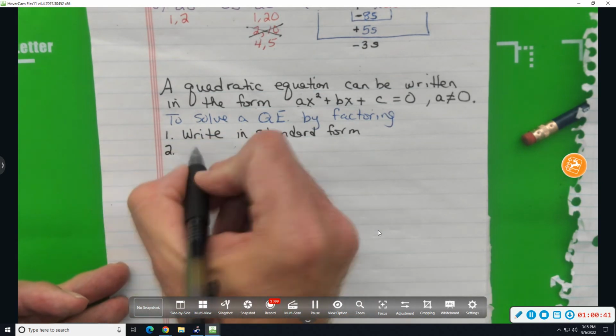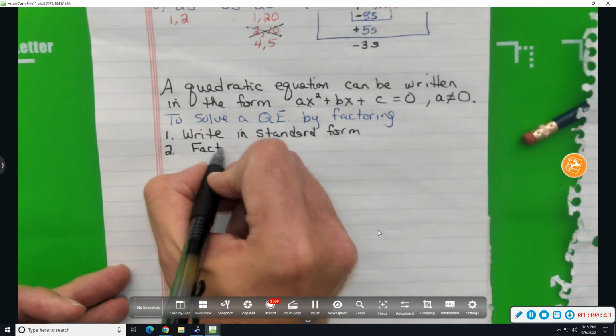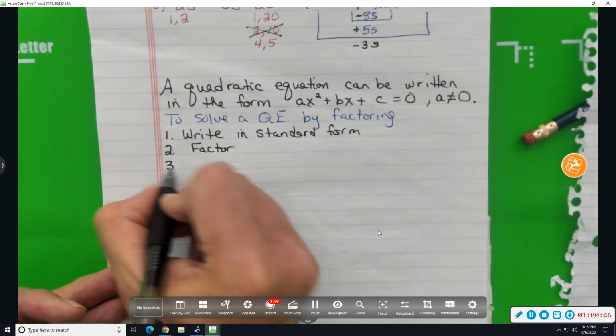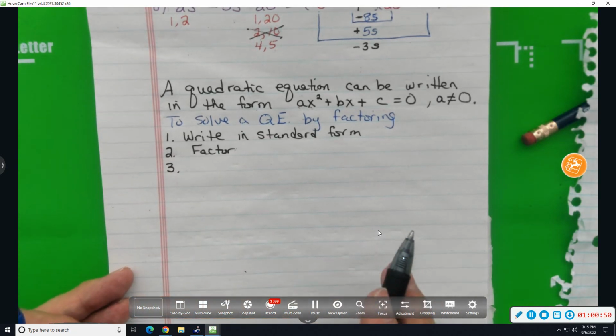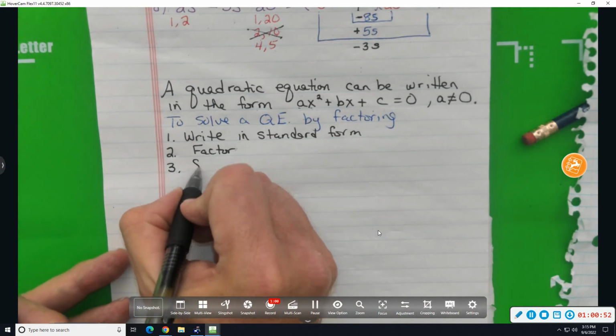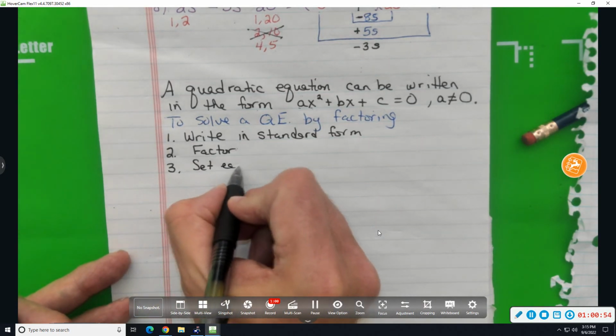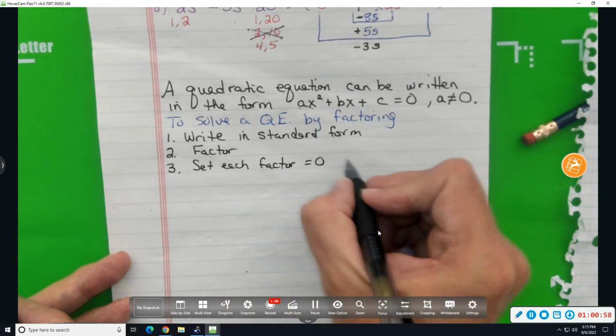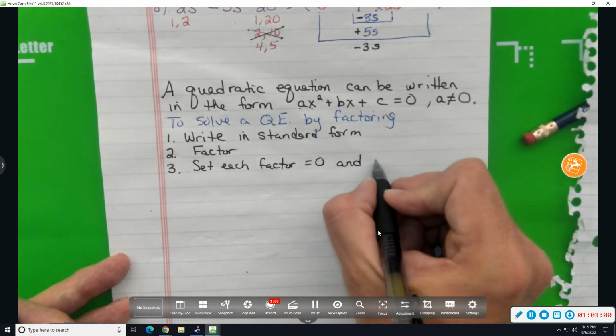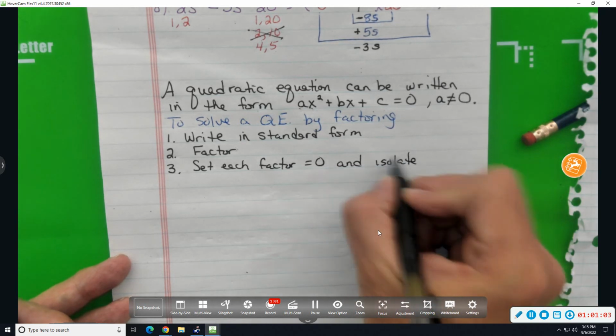Then, factor, like we were doing just then. So there's one extra step after factoring. Set each factor equal to 0 and isolate the variable.